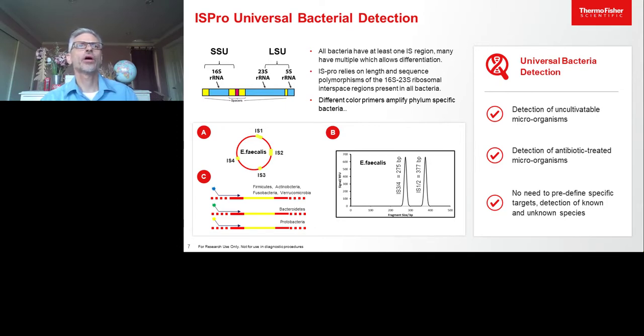You can also group different phyla of bacteria by using differently labeled primers, so 3 different colors are shown here for 3 different phyla. Some of the advantages of this approach are that it's a rapid workflow. You can get an answer within about a 4 to 5 hour turnaround time.